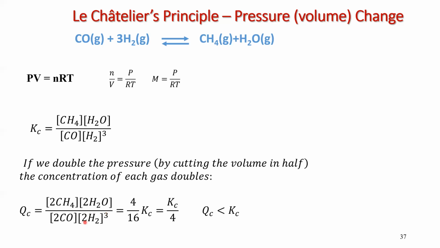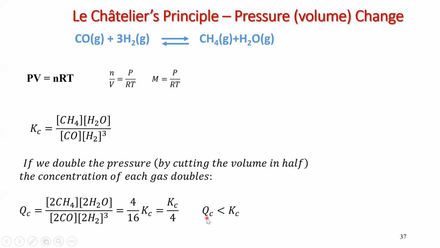It's 8 times now, 2 to the 3rd power. So 2 times 2 is 4, times 2 is 8. So the reactants are 16 times more concentrated than they were before we changed the volume. So that means that Q is going to be 1/4 of what K was.